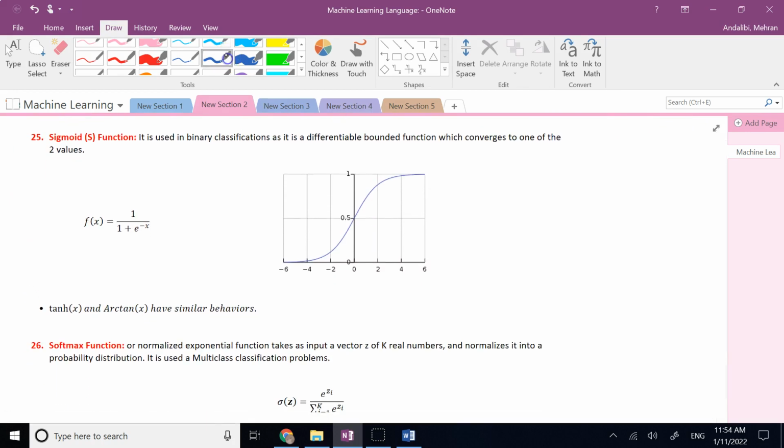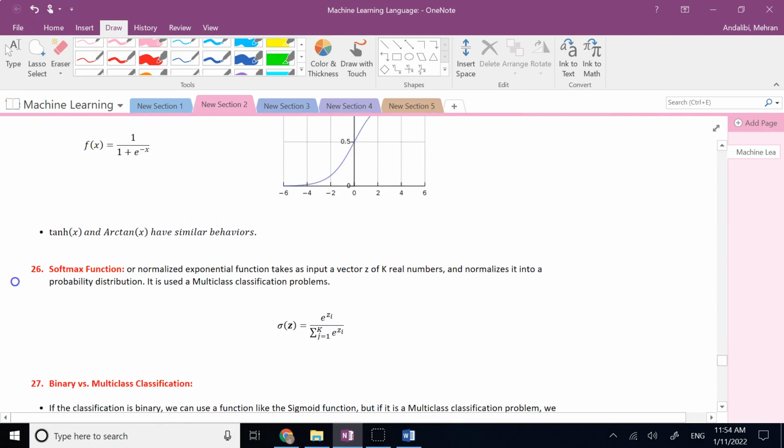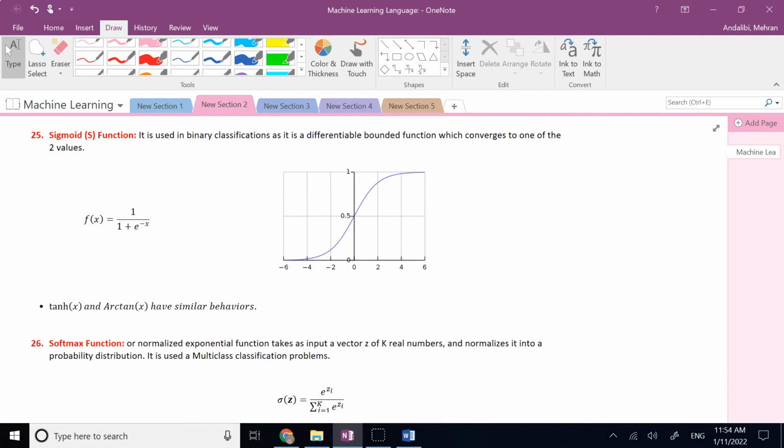The next two topics are two functions that we use a lot in machine learning. One of them is the sigmoid or S function, which, if you remember, I told you we use in logistic regression.